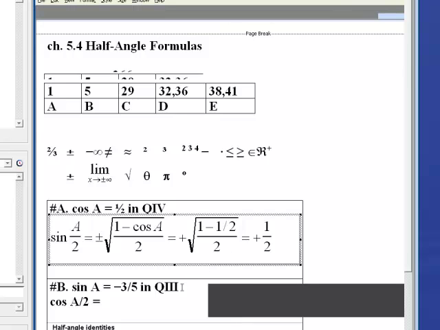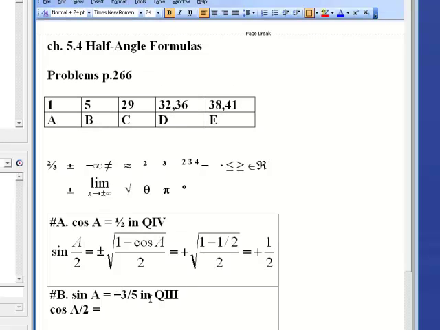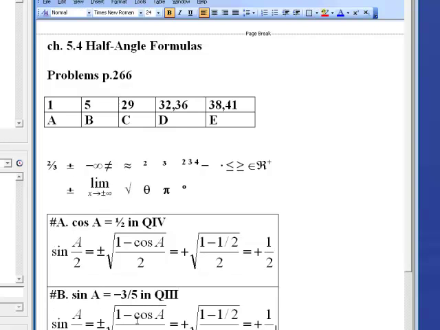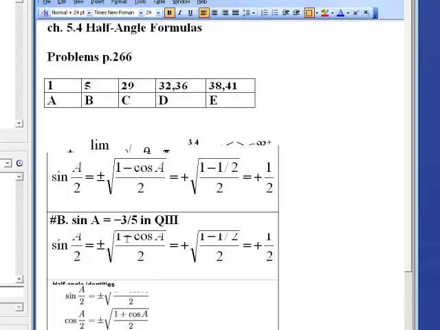Okay, next exercise says sine A equals -3/5 in quadrant 3. Figure out what cosine A over 2 is. Again, I'm going to use the equation editor. Scroll down a little bit so I have access to these identities.